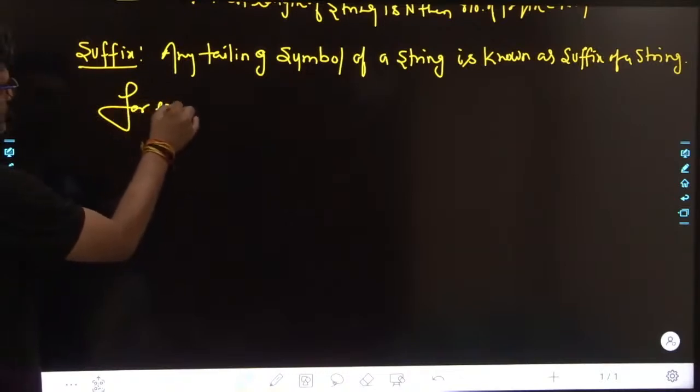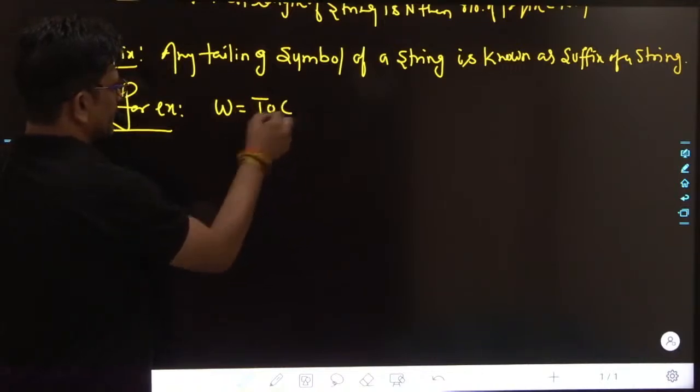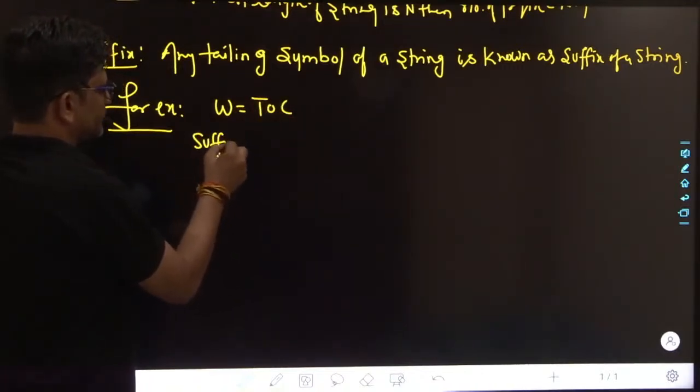For example, TOC. So what are the suffixes of TOC?